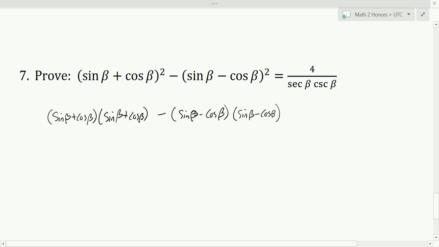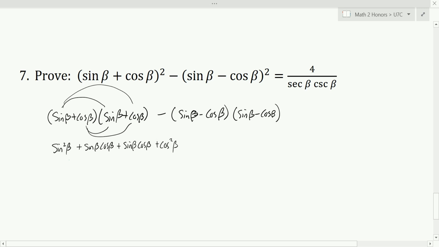And then just carefully multiply stuff out. So sine times sine is sine squared. Sine times cosine. Cosine times sine is another sine beta cosine beta. And then cosine times cosine is cosine squared beta.